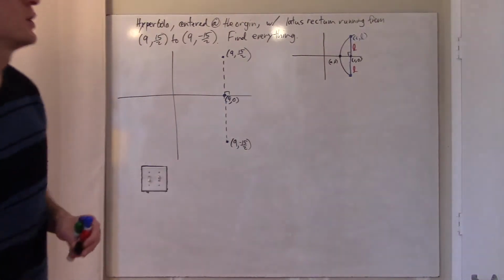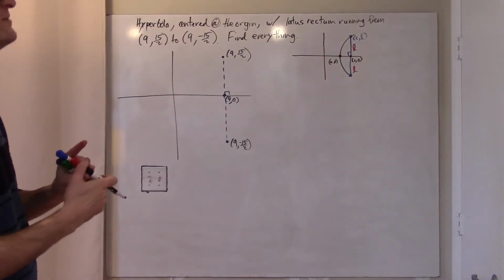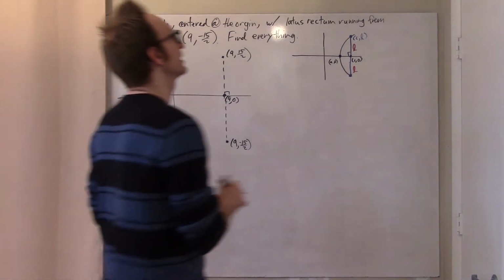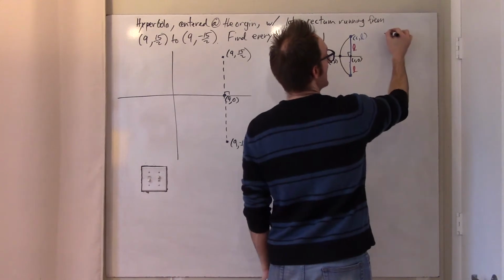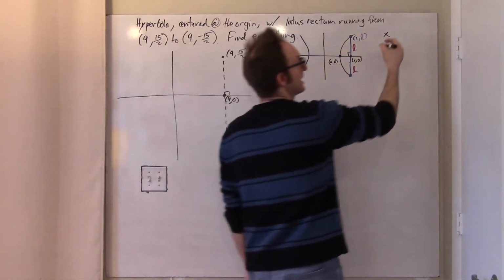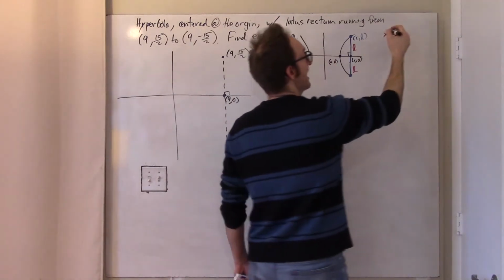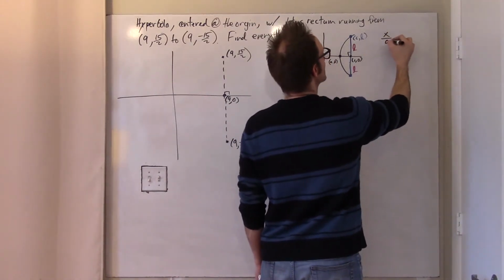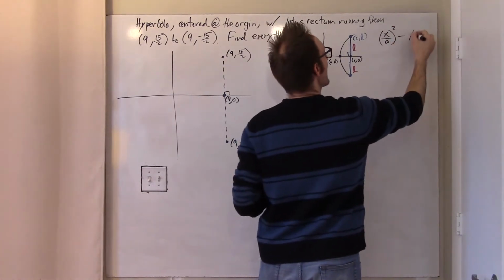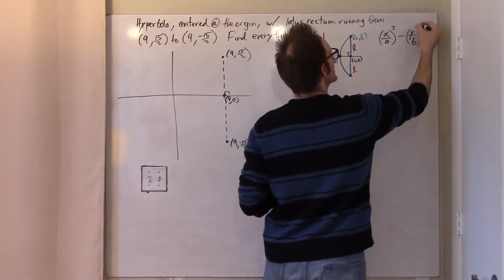Well, we can do it by simply using the fact that the point (c, L) must be on the hyperbola. If I start with a generic horizontal hyperbola, x has been stretched out by a factor of a, and y has been stretched out by a factor of b.